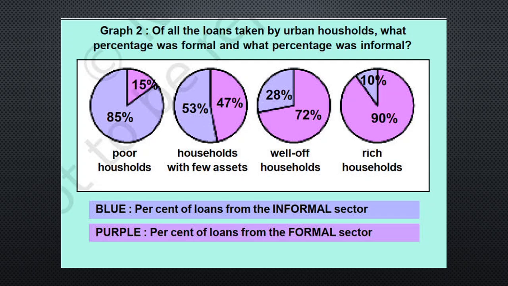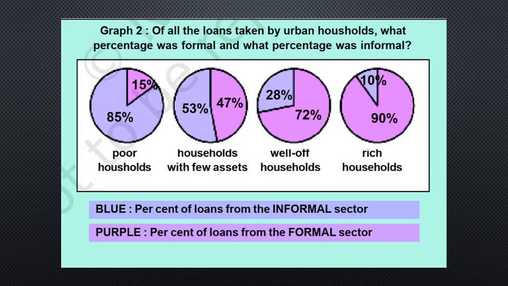In case of well-off households, 28% is from the informal sector and 72% from the formal sector. And in case of rich households, it is just the opposite of the poor households: 90% from the formal sector and only 10% from the informal sector.